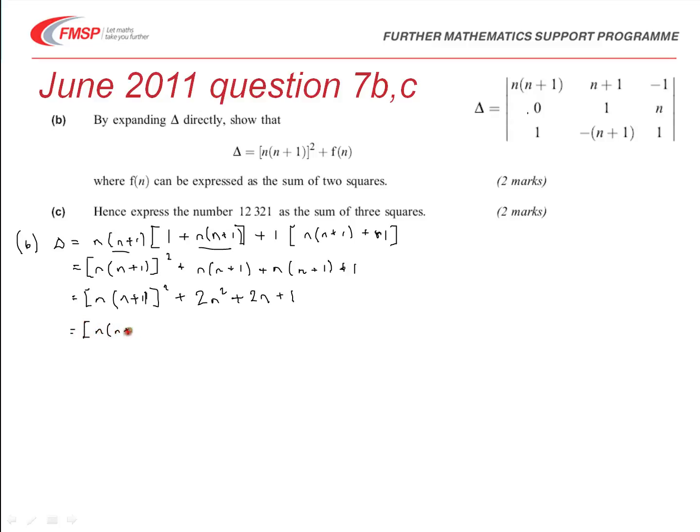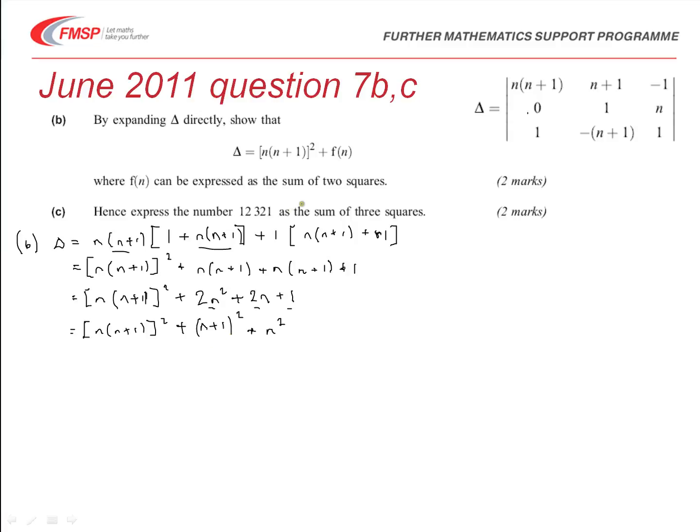Leaving that first part alone, we know that n plus 1 all squared gives you n squared plus 2n plus 1, so it gives you this term and this one, and it only gives you one lot of n squared, so I need to add on an n squared to complete that part of the expression.